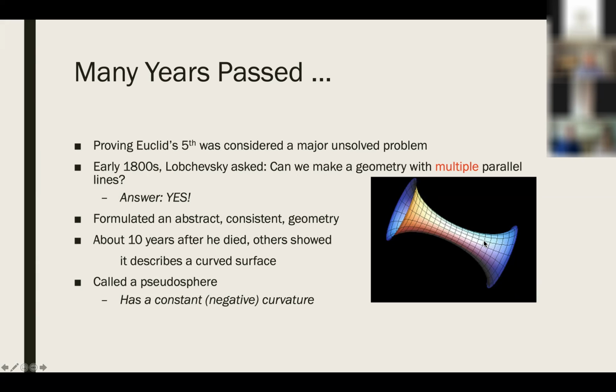It's called a pseudosphere, and it has a constant curvature, although that may not be obvious from just looking at the figure. The curvature is negative in the sense that if we trace one of these lines in this direction, they curve one way. If you go this way, they go around and they're closed. That's in contrast with a sphere where there are circles in both directions.